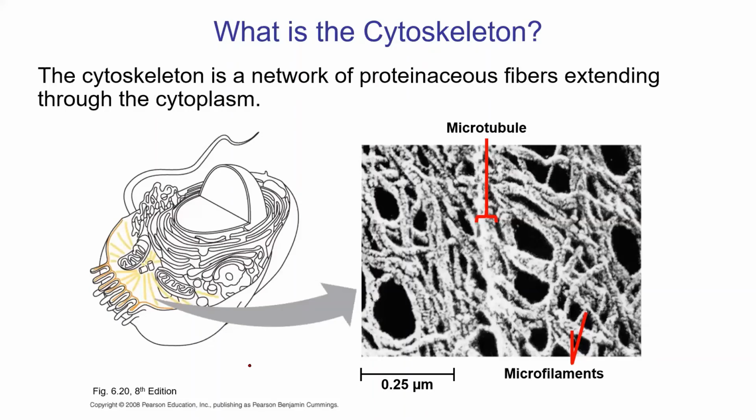So what is the cytoskeleton? It says here it's a network of proteinaceous fibers. What does proteinaceous mean? It means it's made out of protein. They extend throughout the cytoplasm, but also other parts of the cell; in the nucleus, you can find cytoskeletal components.